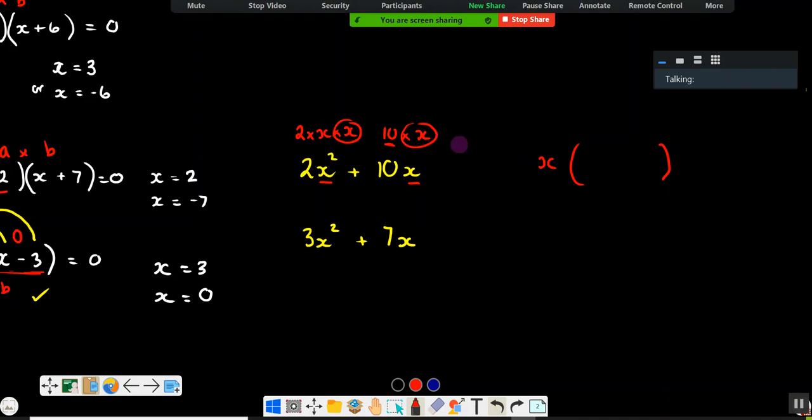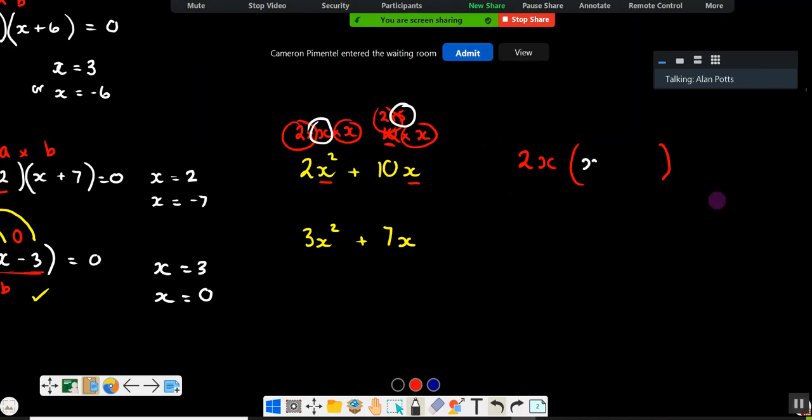Yeah, that could be 2 times 5. Is there now another common factor? 2. So I can actually take the 2 outside as well. And what am I left with? If I do that, I'm left with an x and a 5. So in here would be the x plus 5.